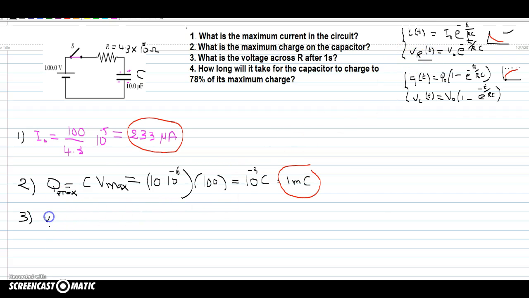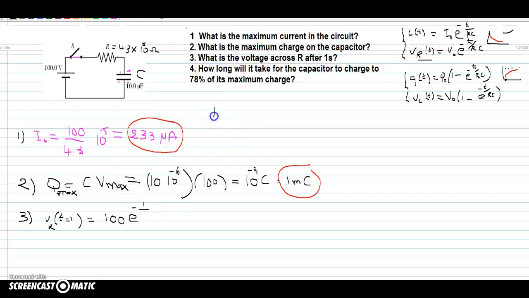So the VR, the voltage across R, when t is 1 second, V0, the maximum is 100, which is also across R early on, times exponential minus 1 second over RC.